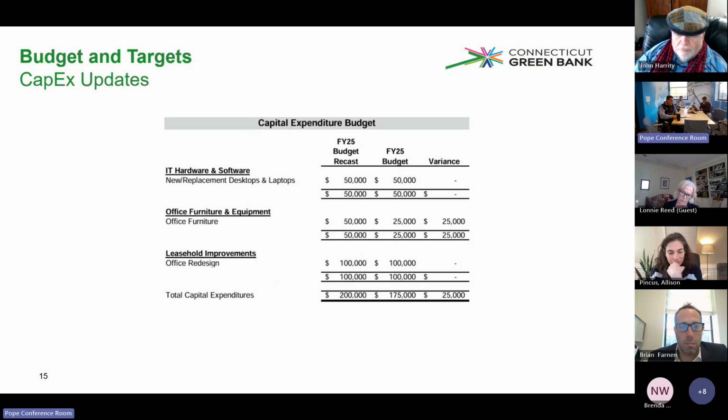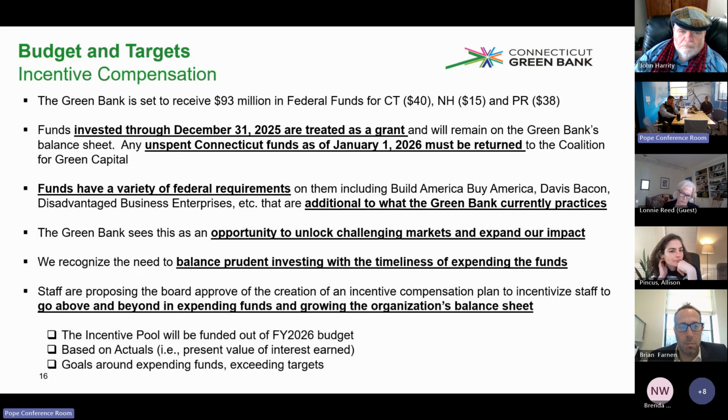With that, I want to move on to the incentive compensation proposal. So going back to the Greenhouse Gas Reduction Fund, as part of the National Clean Investment Fund, the Green Bank was awarded $93 million as a sub-awardee.